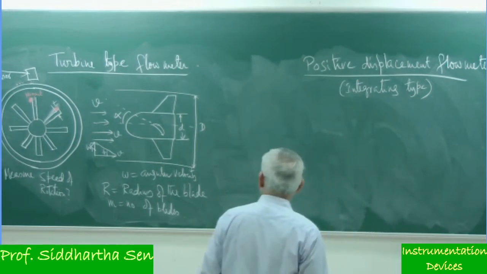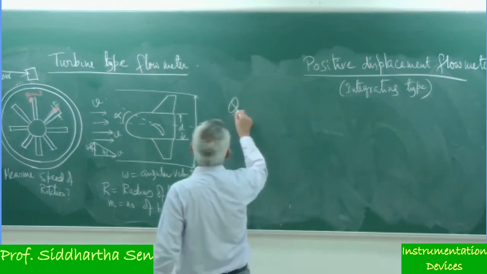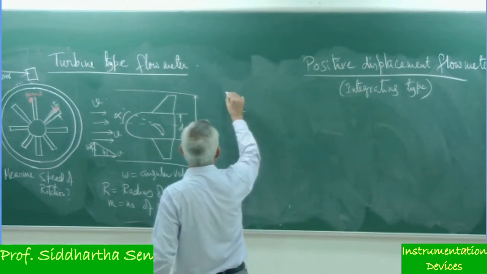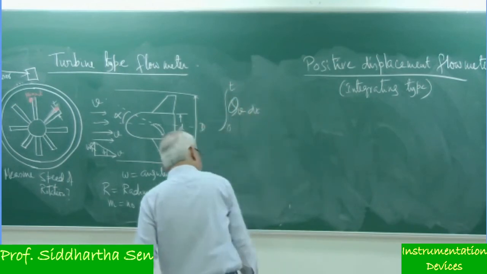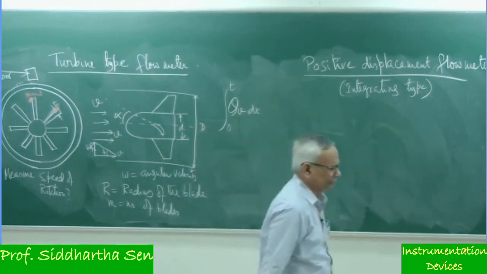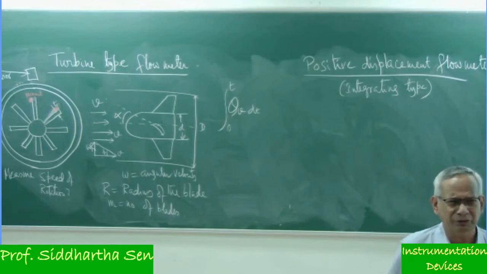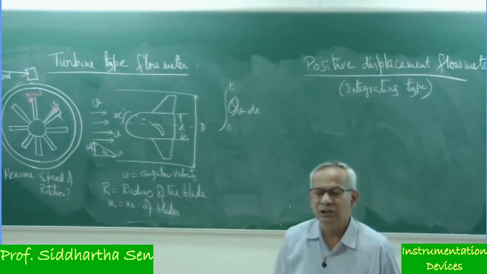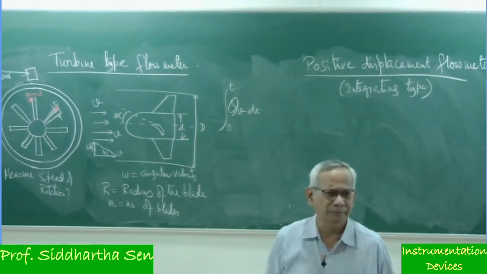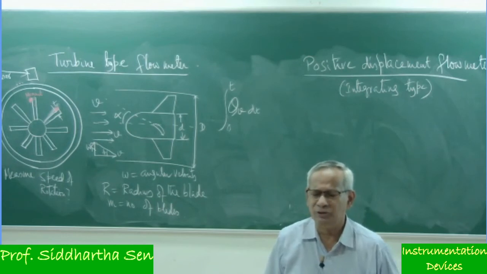Obviously, you may say that this QV, if we integrate over time, you can get a volumetric flow. But definitely, this integration is more complicated. We want a simpler type of instrument which can be used in a petrol pump, in your house, to know how much water you are consuming.